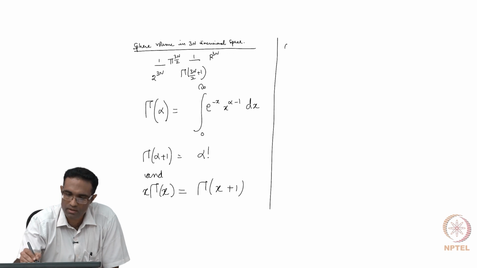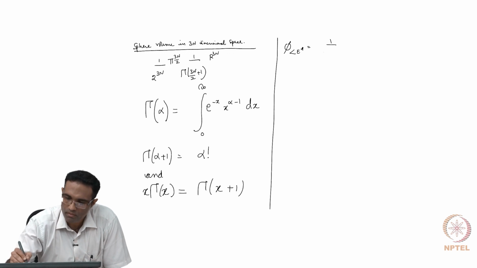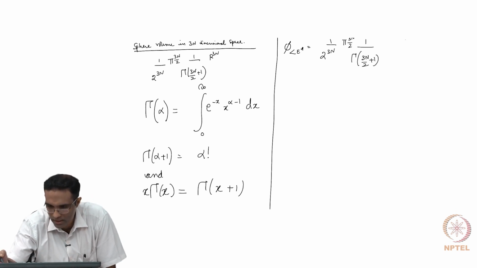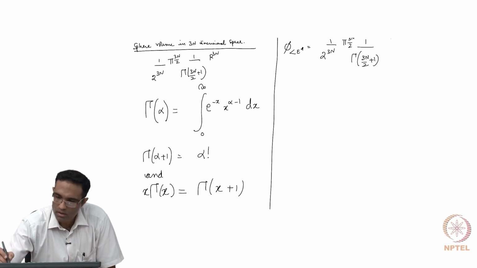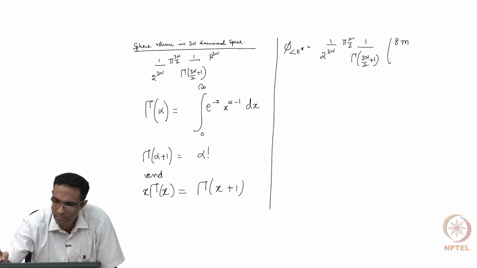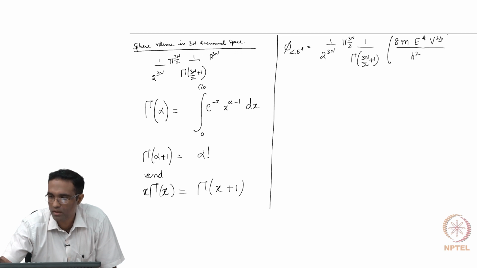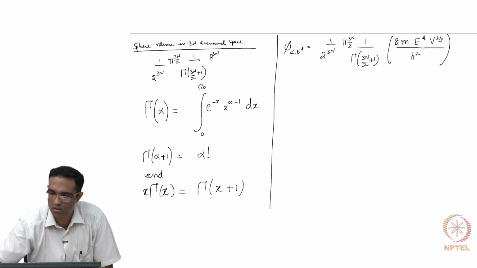So in our case, for phi less than E star, it turns out to be 1 divided by 2 to the power 3n, pi to the power 3n by 2, 1 divided by this function gamma, and this r to the power 3n, where r was our 8 m E star V to the power 2 by 3 divided by h square, the whole root.